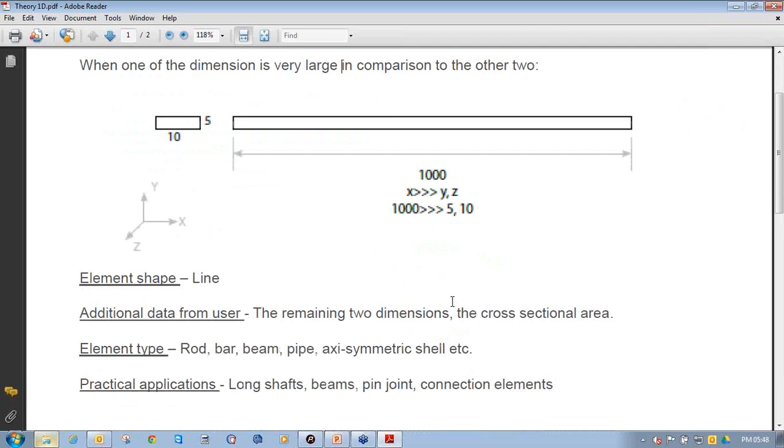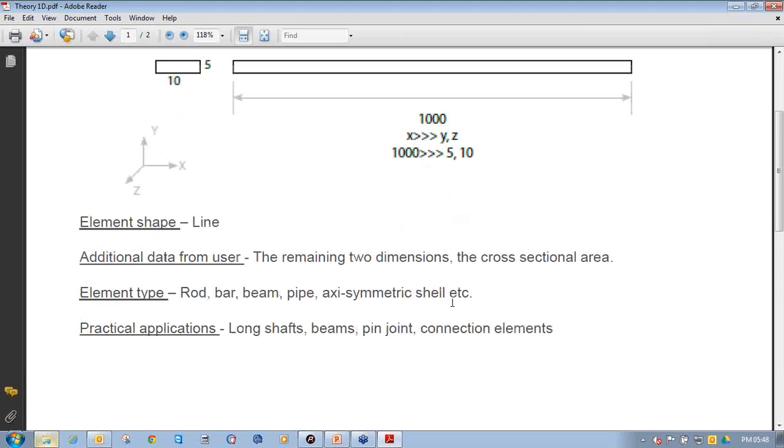The different options or parameters required for 1D elements are: the element's shape used for 1D element is line. The additional data from the user, that is the additional input required to simulate 1D element in FEA solvers, are the remaining 2 dimensions, that is cross-sectional area.